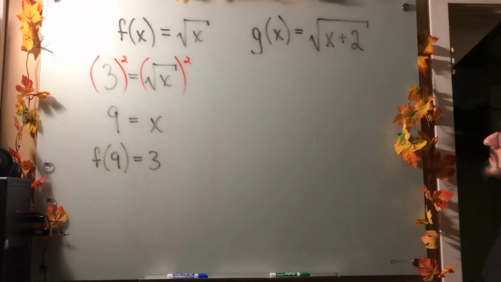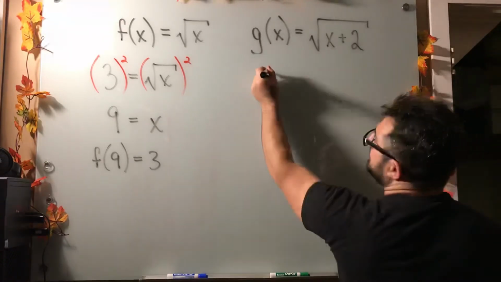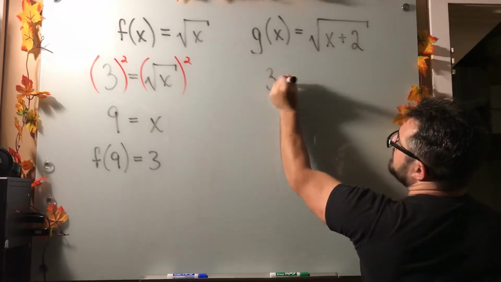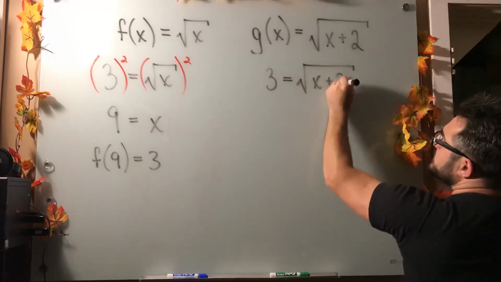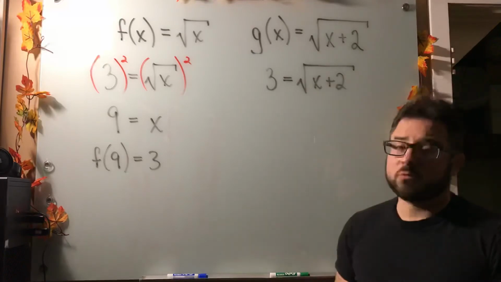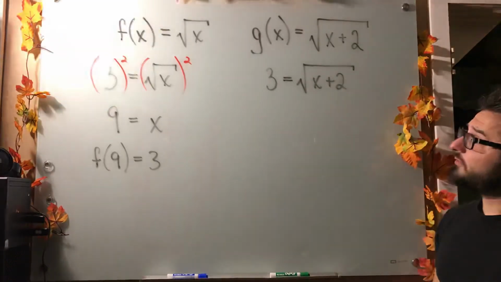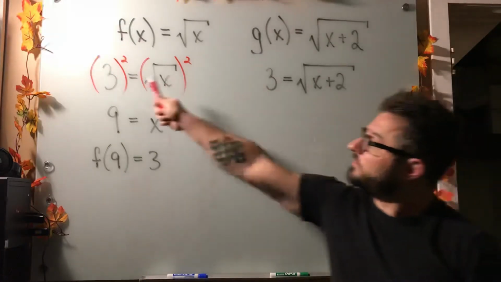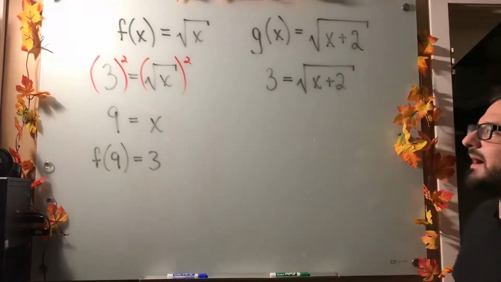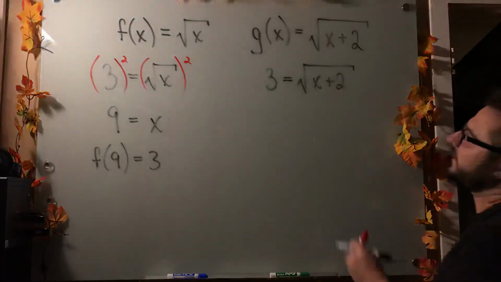Now, suppose I want the exact same output value, because again, a horizontal shift should affect the x coordinates, but since we're moving side to side, it should have no effect on the y coordinates. So we have the same y value, but we're going to end up with a different x value that produces it.